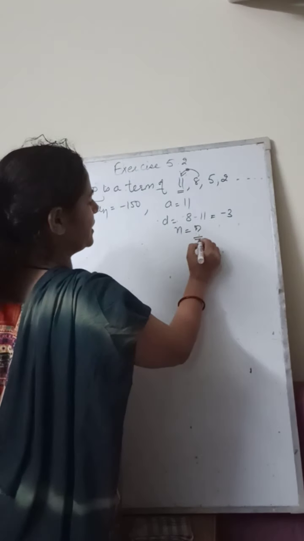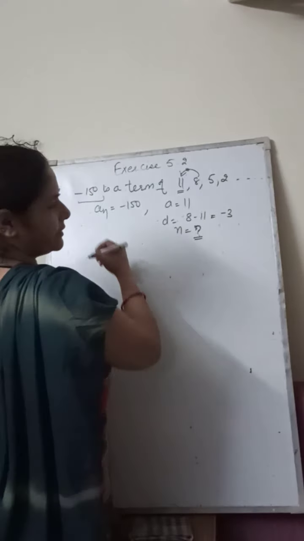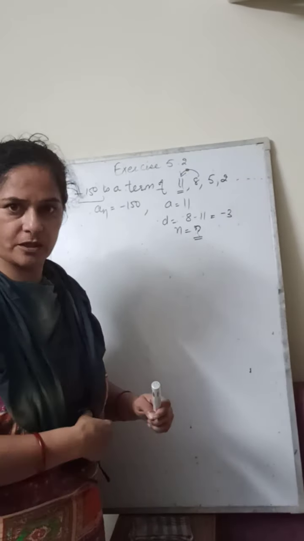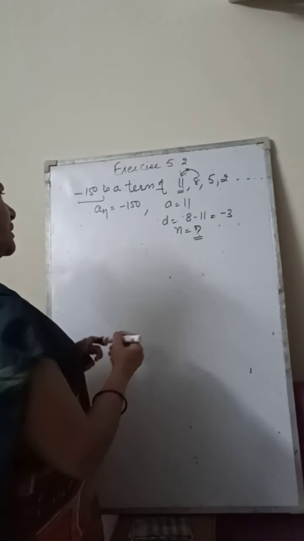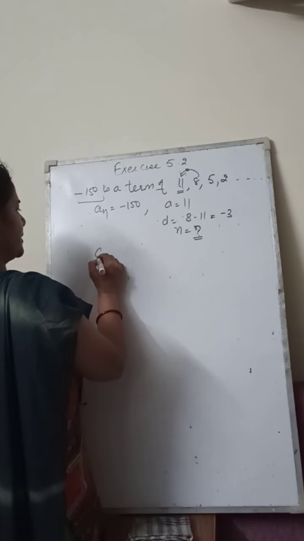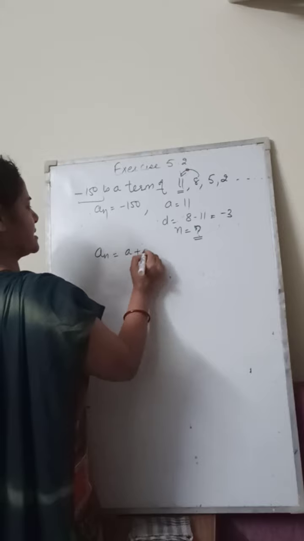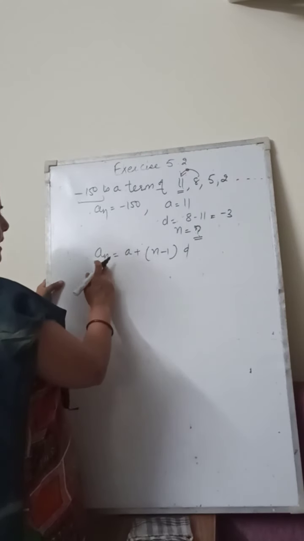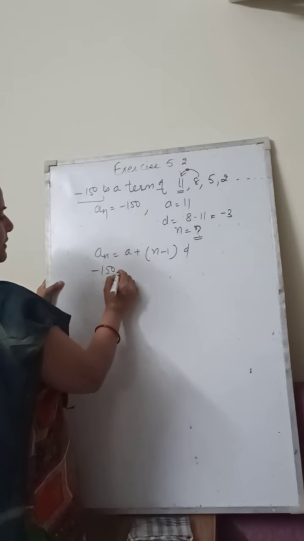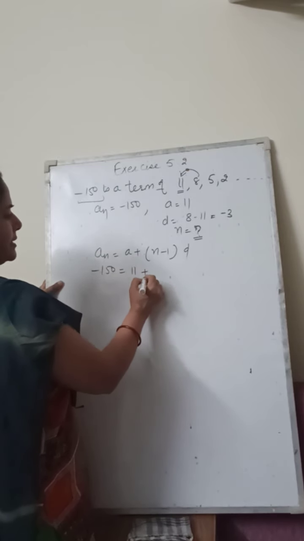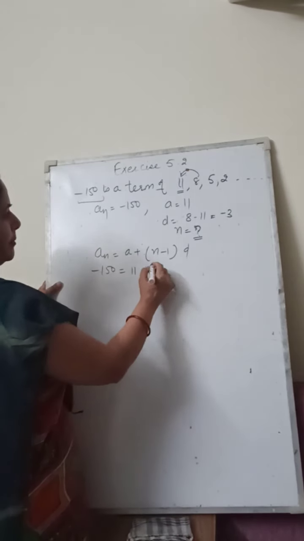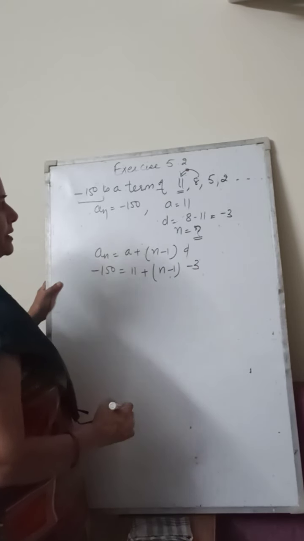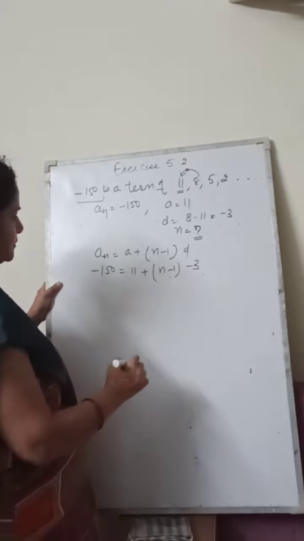N means you have to find the position of this minus 150, whether we can give some position or not. Got it? So again the same formula, an is equal to a plus n minus 1 into d. An is again minus 150, a is 11, plus n minus 1, and d is minus 3.